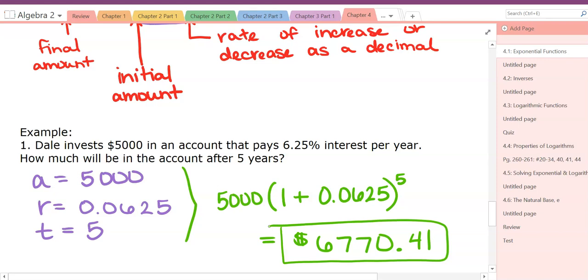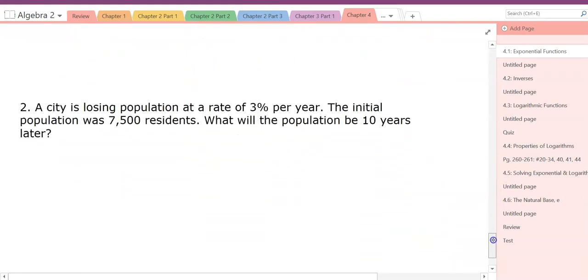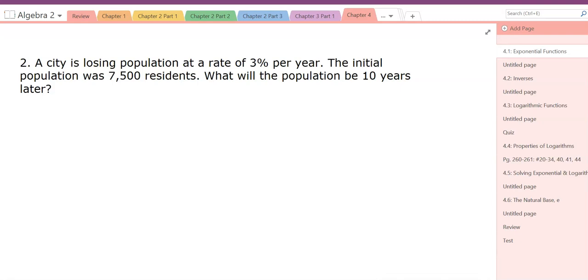Okay, so there's one more on this page on the bottom. Now, be careful with this one. Key word here is that this city is losing population.